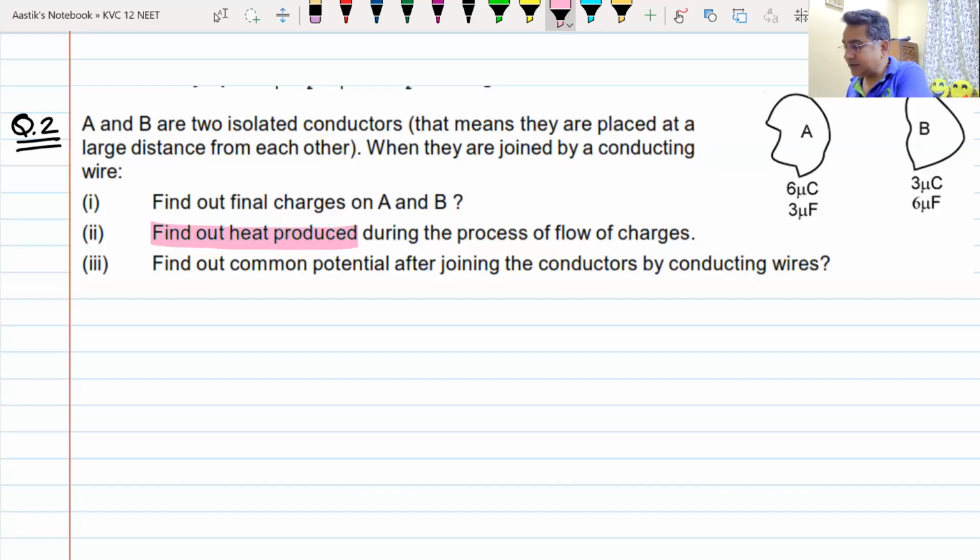So the first thing is to get the charges on each sphere or each conductor. How will I get the charges? I know Q1 dash. How will you find Q1 dash?